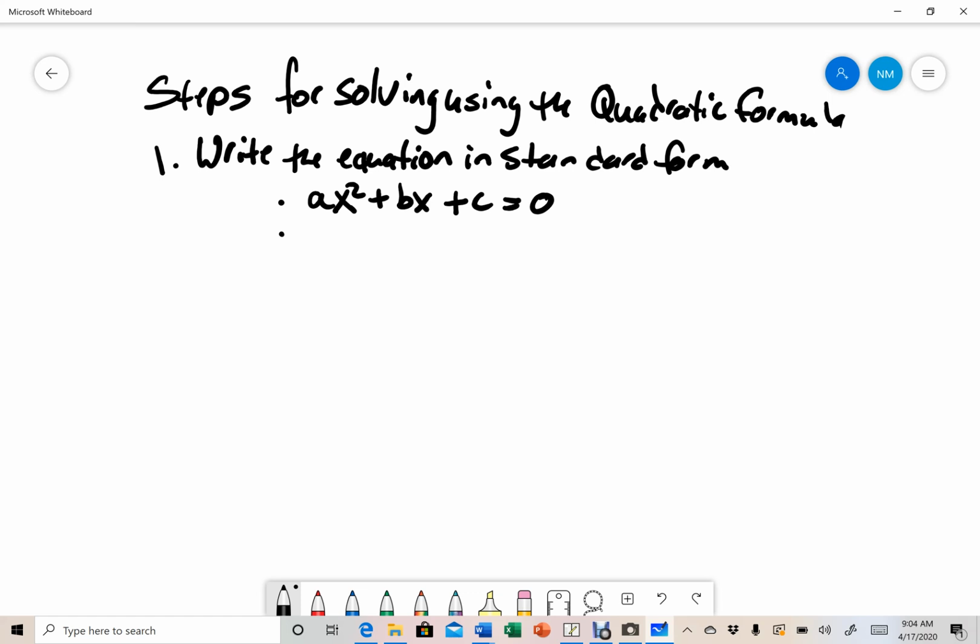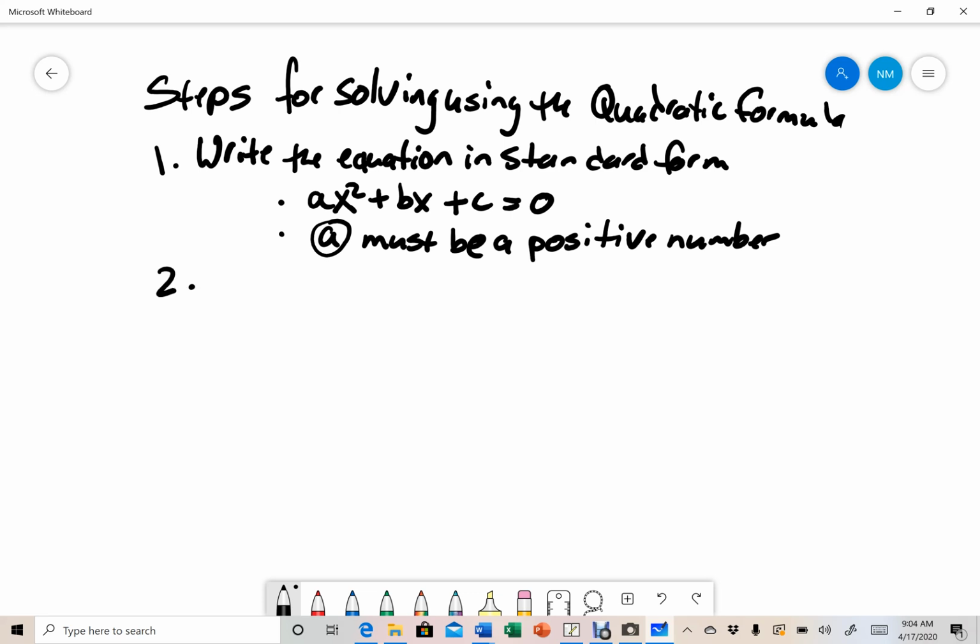When we're in standard form here, a must be a positive number. If it's not a positive number, we're going to need to get rid of that negative before we do anything, okay? So make sure that when we're writing this equation in standard form, we have a as a positive number. So that's step number 1.